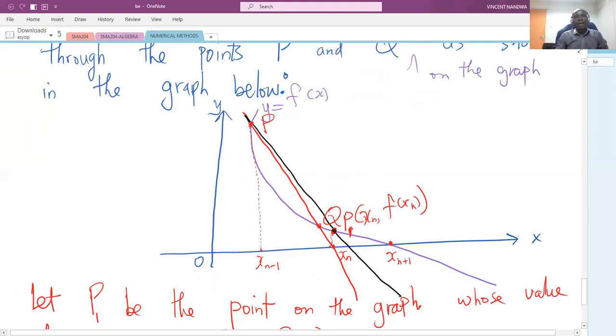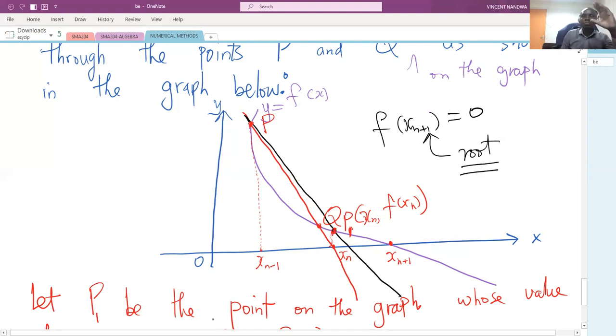So this is the secant PP1, and as you can see from the diagram, the root implies that f of xn plus 1 is 0, because that's where the x value is on the x-axis. Which means that xn plus 1 is the root of the function, or a 0 of the function.